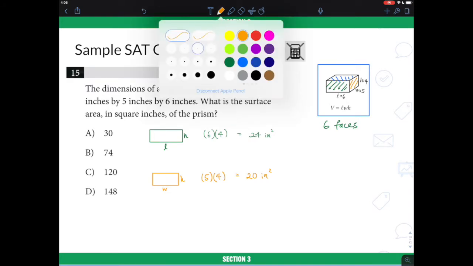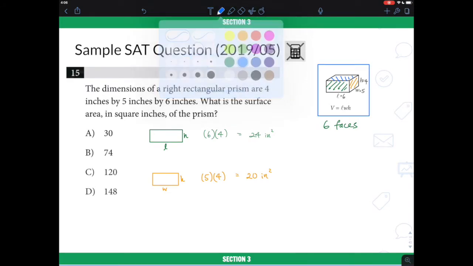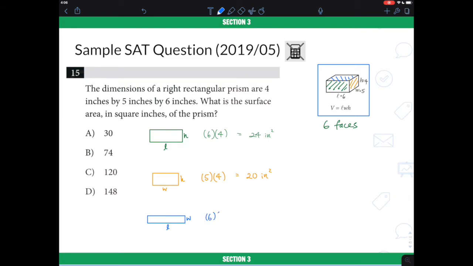Then we have the blue side, the top side, which is length times width, 6 times 5, which equals 30 square inches. Again, this is just one set.